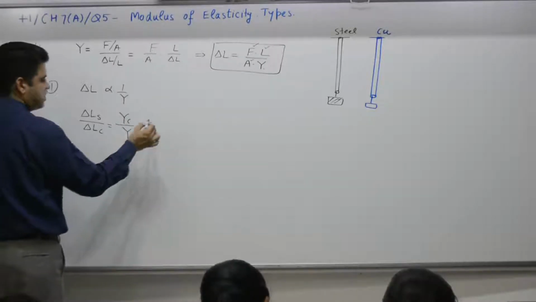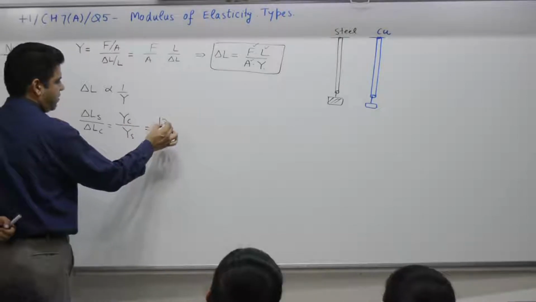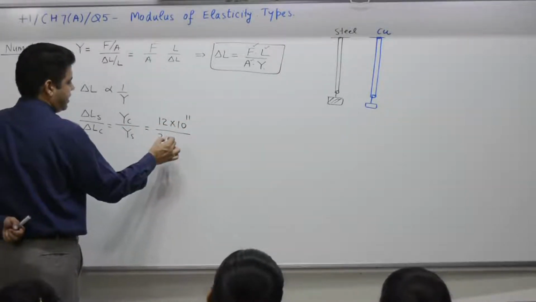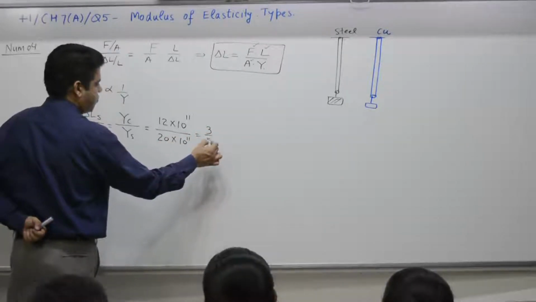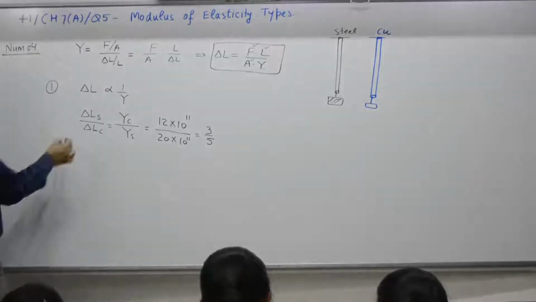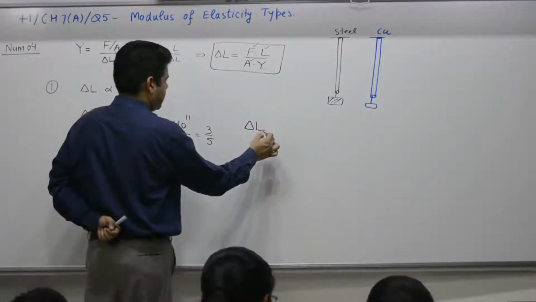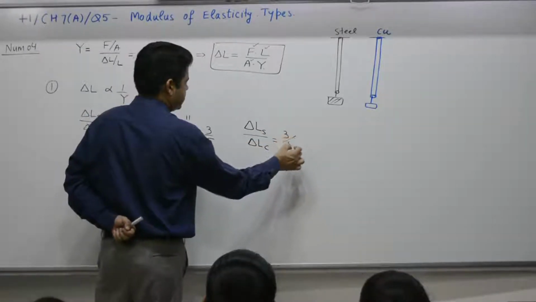Y for copper is 12 into 10 raised to power 11, and 20 into 10 raised to power 11 comes out to 3/5. So the ratio of delta L for steel to delta L for copper is 3/5.